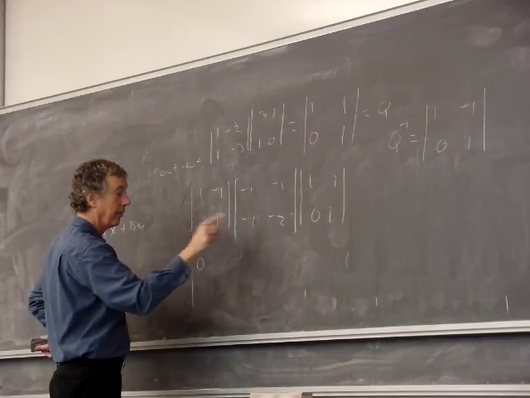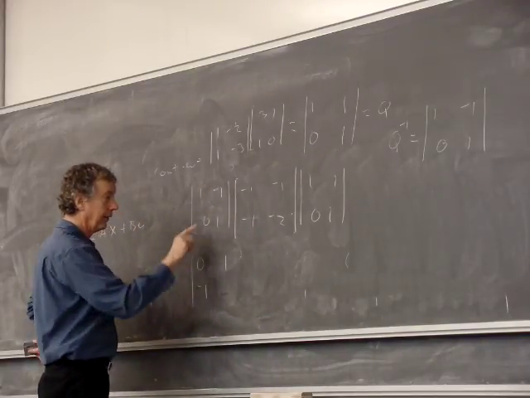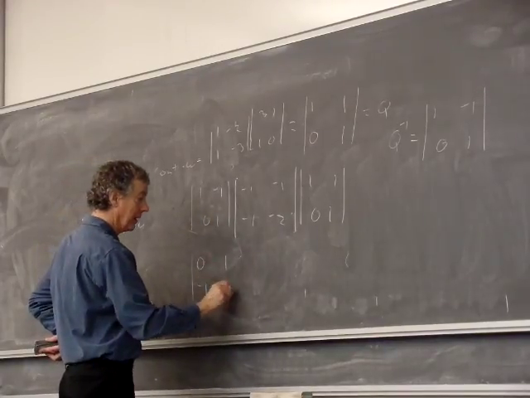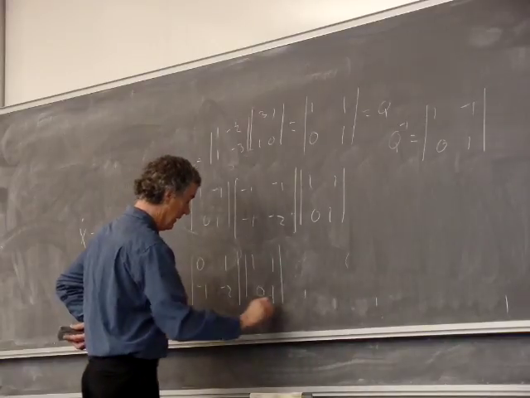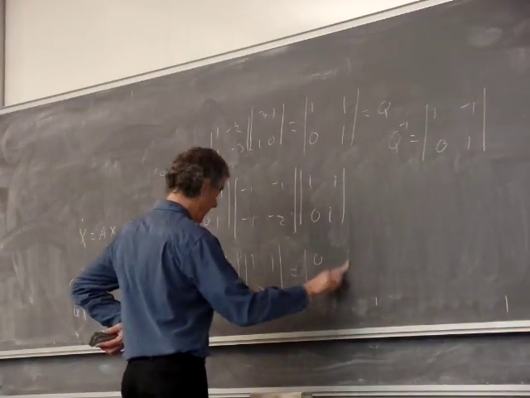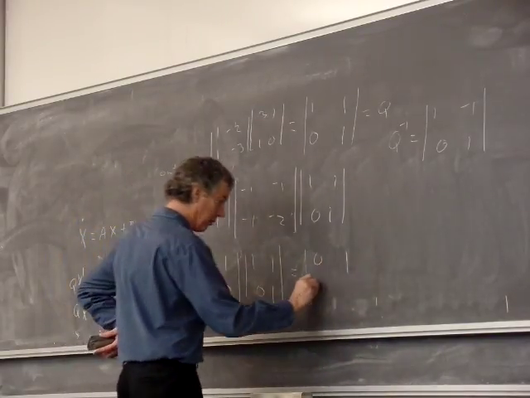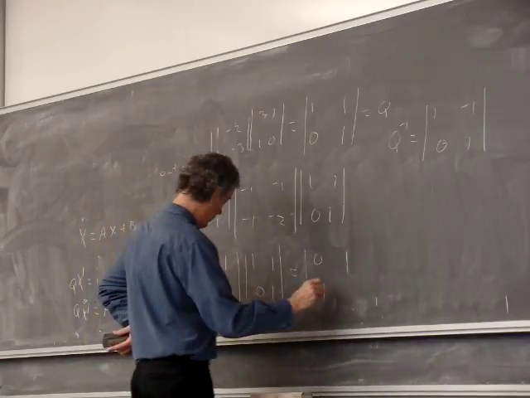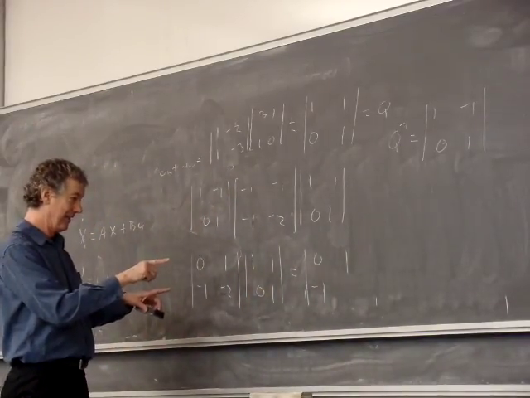Minus 1 plus 2, 1. 0 minus 1 minus 2. That's 0, 1, minus 1, minus 3.